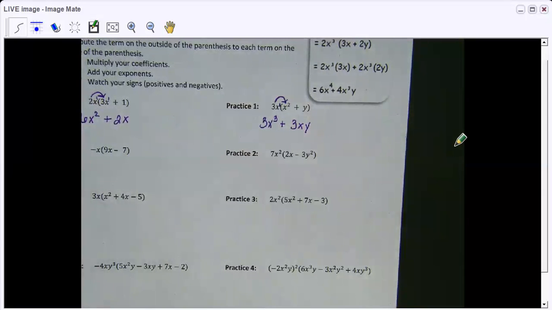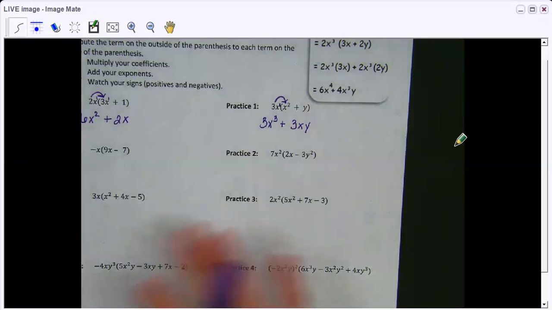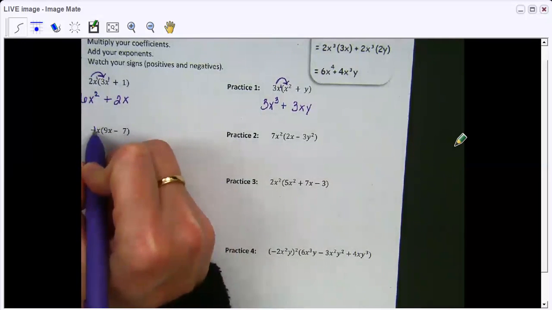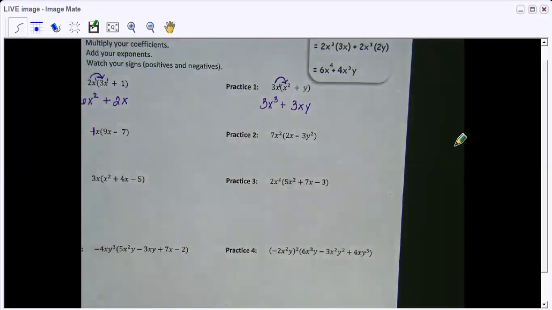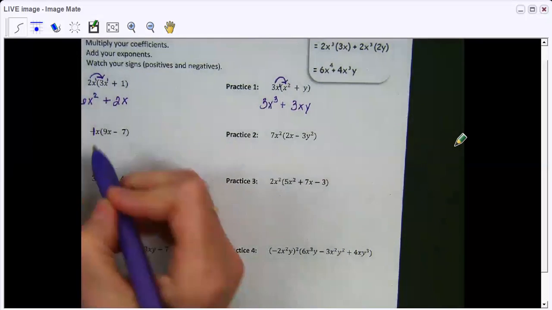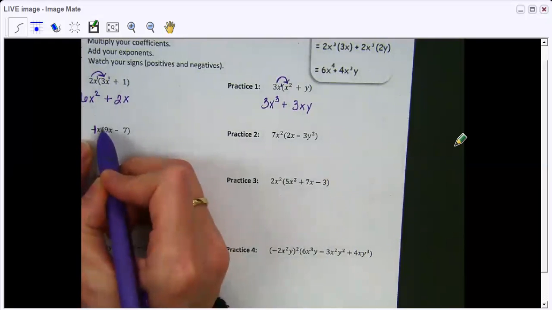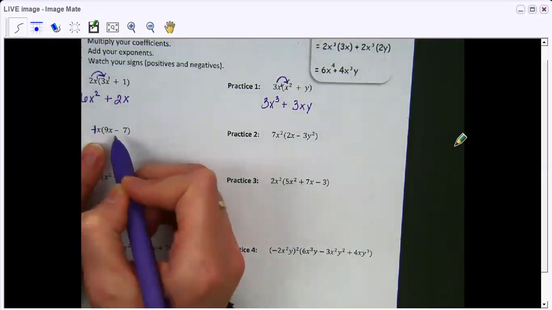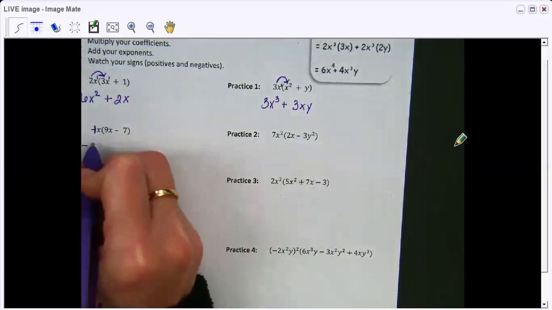Okay. All right. Let's move on to example 2. Now, example 2, there's a negative x. You could always put a 1 behind that negative to help you if you needed to. So what this is, negative 1x times 9x. You're adding your exponents, so you should get negative 9x squared.